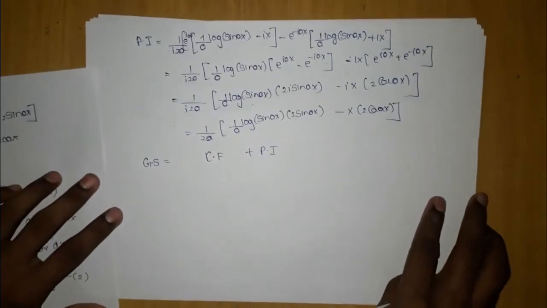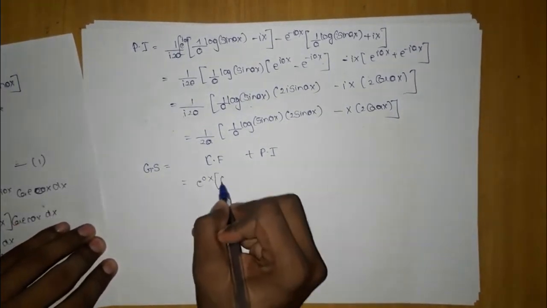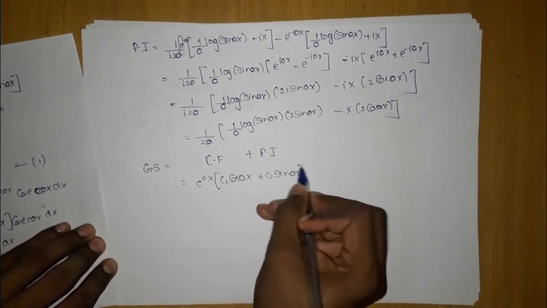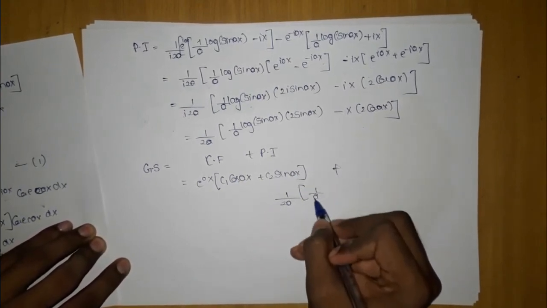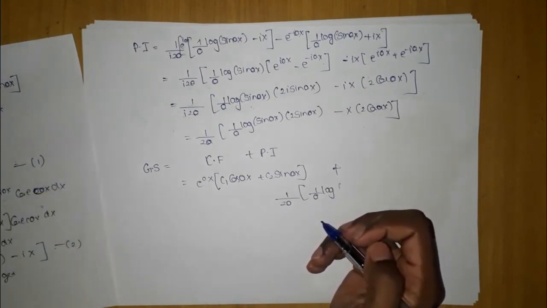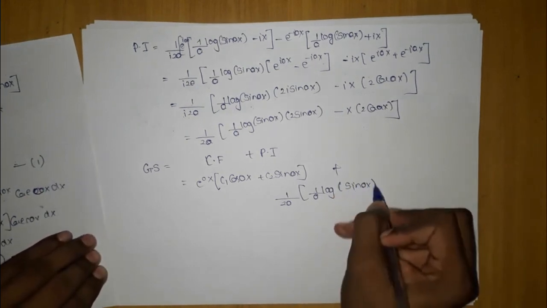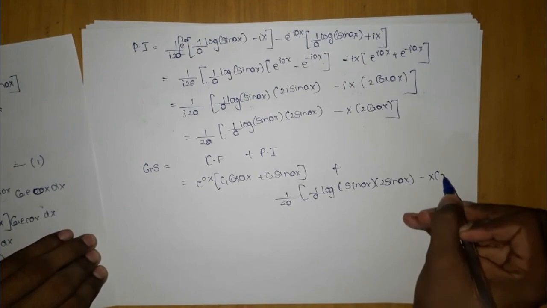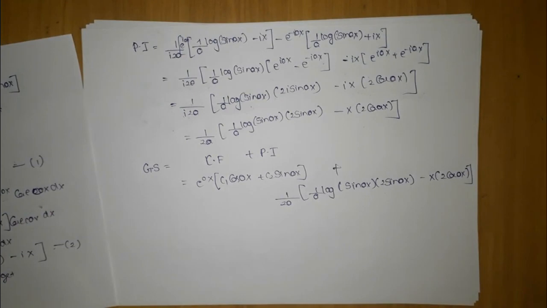So if we write that, we are going to get e to the power 0x, bracket, c1 cos ax plus c2 sin ax, plus 1 by 2a, bracket, 1 by a log sin ax into 2 sin ax minus x 2 cos ax, and we are done with this. So this is the required thing.